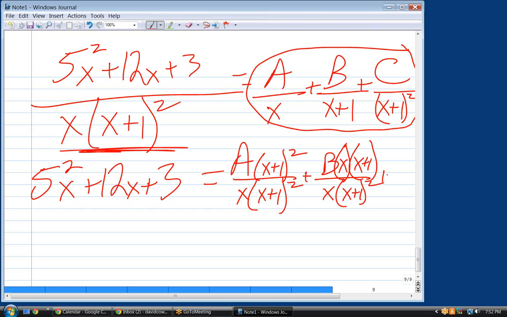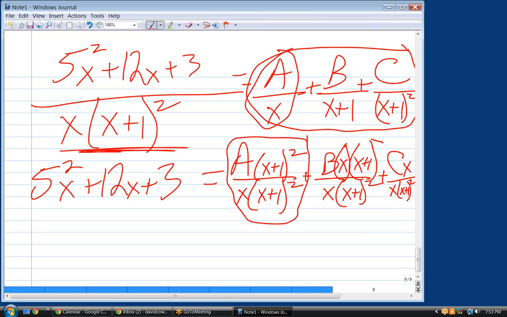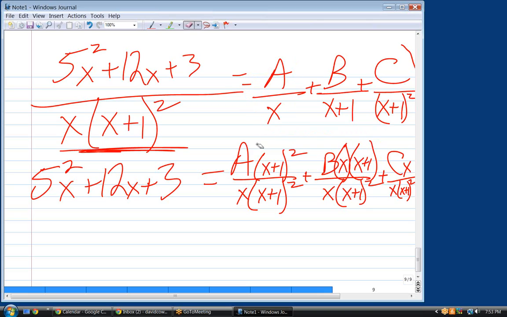The same philosophy goes for c. It's going to be cx over x times x plus 1 squared. Haven't changed it. This fraction is the same as this fraction. This fraction is the same as this fraction, and so forth. You with me? Okay.